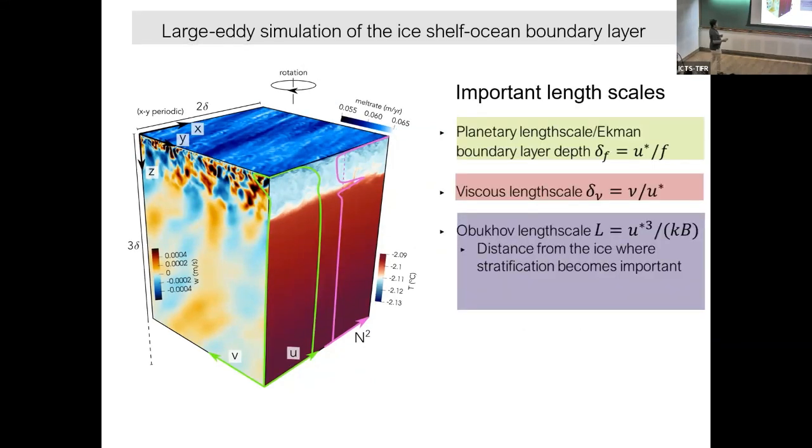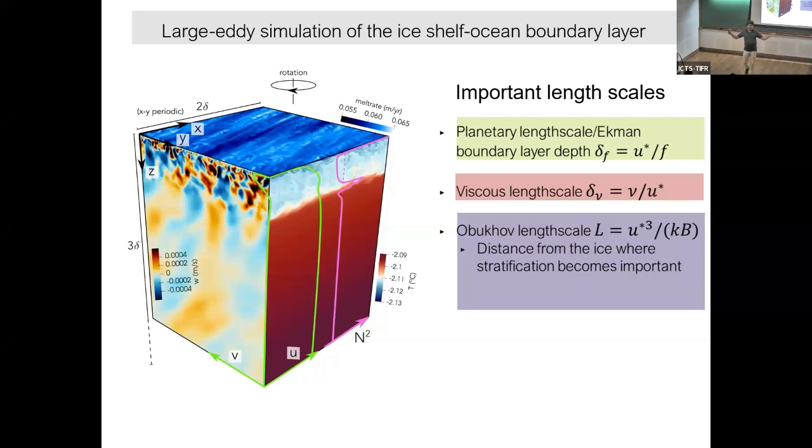Now, there is also another interesting parameter here, called stratification. This type of length scale we got from the atmosphere. Atmosphere people use the Obukhov length scale a lot, where stratification matters. Here B is the buoyancy flux, and u star is the frictional velocity.